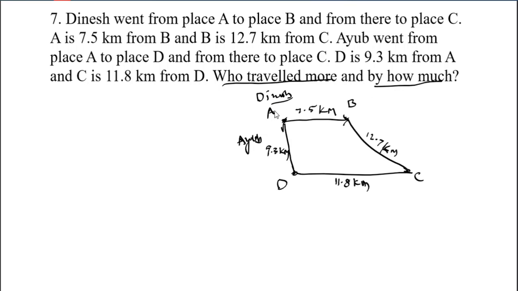Who traveled more means we must add the distance traveled by Dinesh, that means you must add AB and BC. Distance traveled by Dinesh is 7.5 kilometers plus 2.7 kilometers, and the distance traveled by Ayub is 9.3 kilometers and 11.8 kilometers.